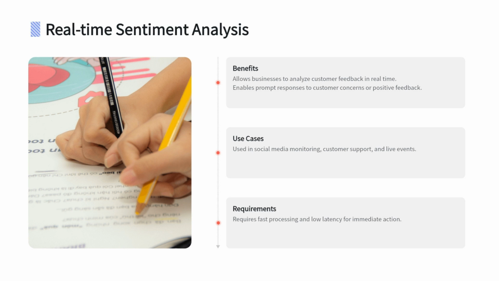In customer support, sentiment analysis can help prioritize tickets, flagging emotionally charged interactions for immediate attention. Real-time systems also come in handy for live events or news monitoring, where sentiment trends can shift rapidly and prompt responses are required. To enable real-time sentiment analysis, the system must be optimized for fast processing with low latency, allowing quick reaction times to changing sentiment.